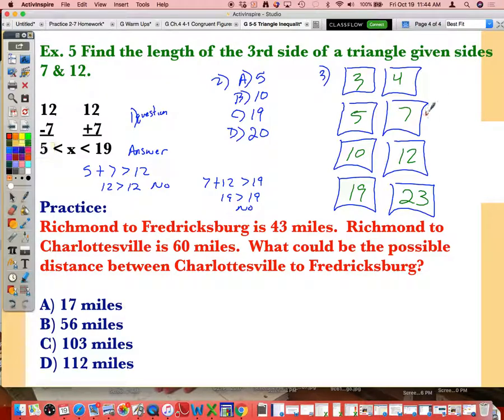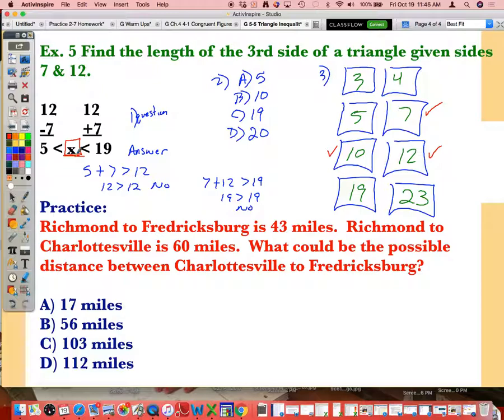You'd click on 7, 10, 12. No. So you're looking for what numbers fall in this range. Can't equal 5, and it can't equal 19. All those numbers fall within that range. Does that make sense? Okay, so there's 2 different scenarios that we're really playing out here.